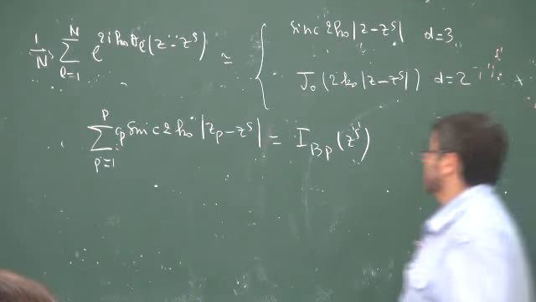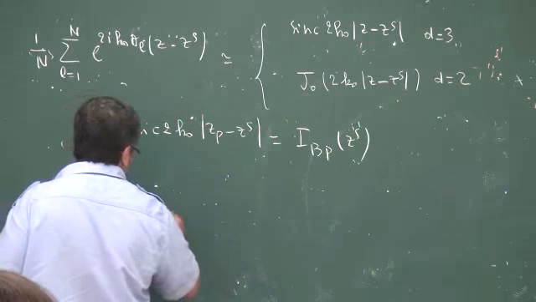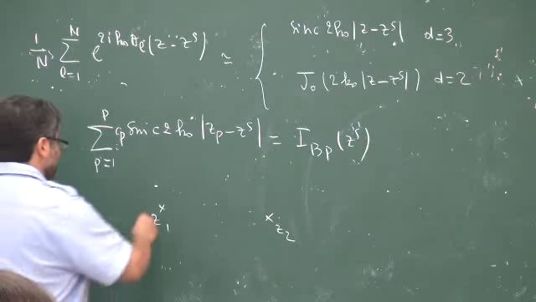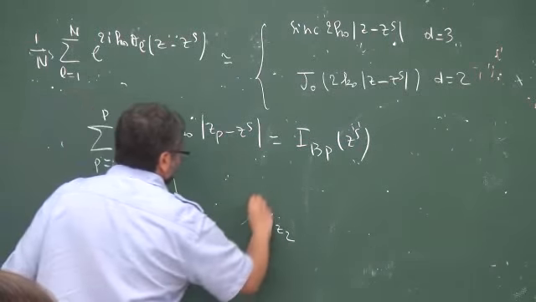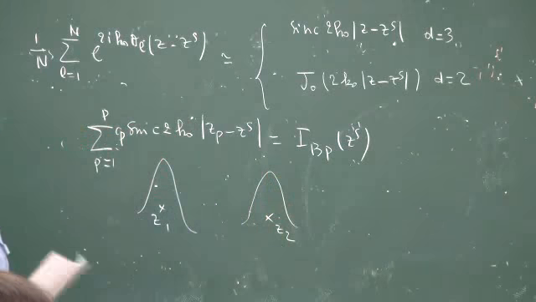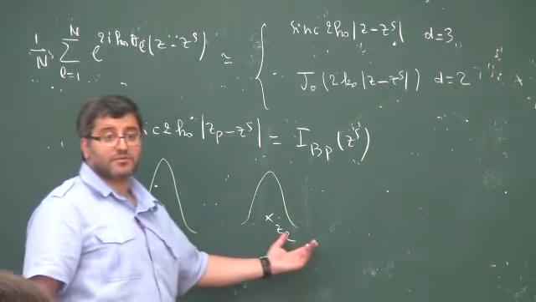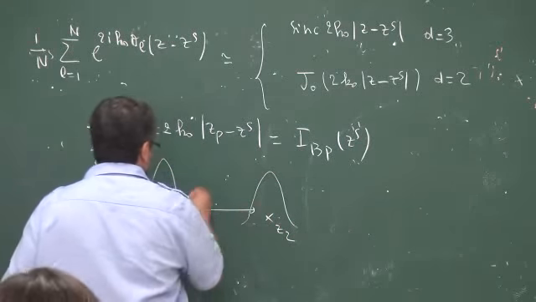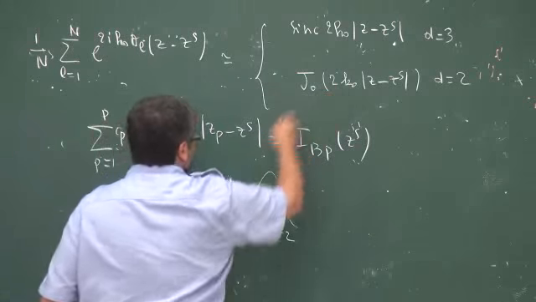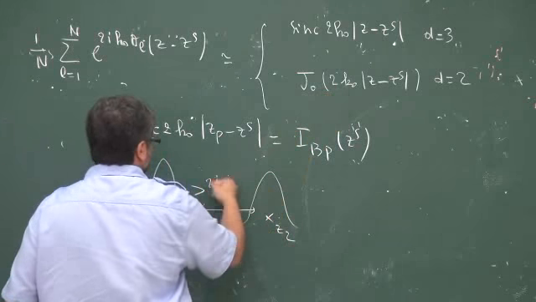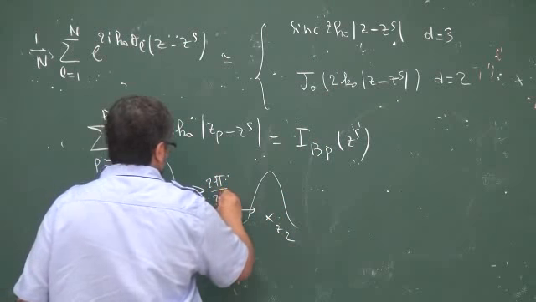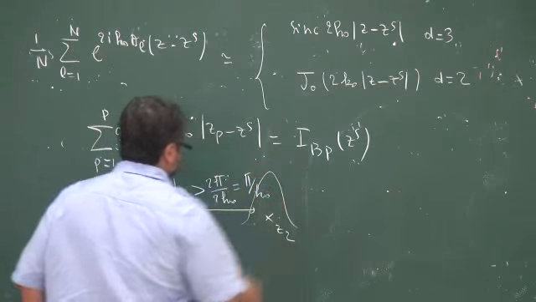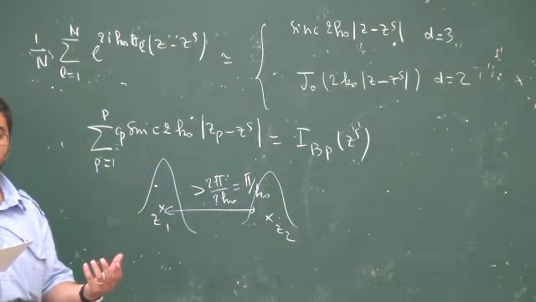Because assume that z1 is here, z2 is here. If you represent this function, it's maximum here and it's maximum here. There is a peak around z1 and there is a peak around z2. If the distance between z1 and z2 is larger than half the wavelength, 2 pi over 2k0, this is pi over k0, then you can distinguish between the two peaks.